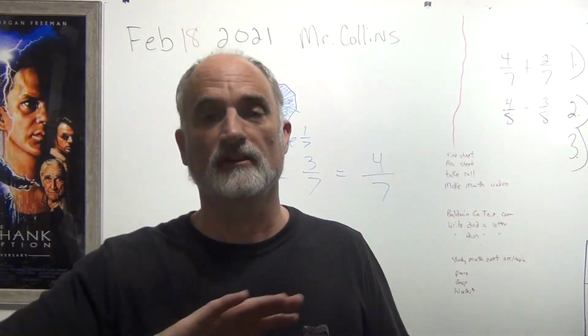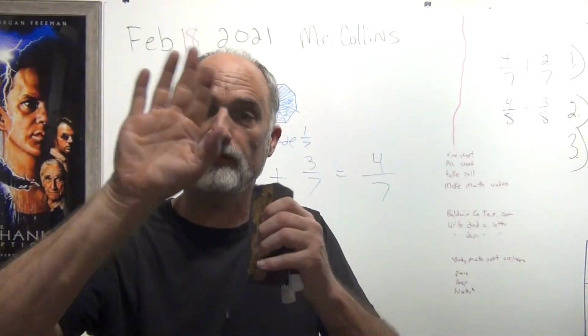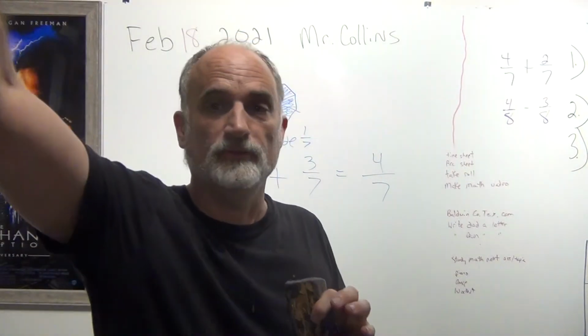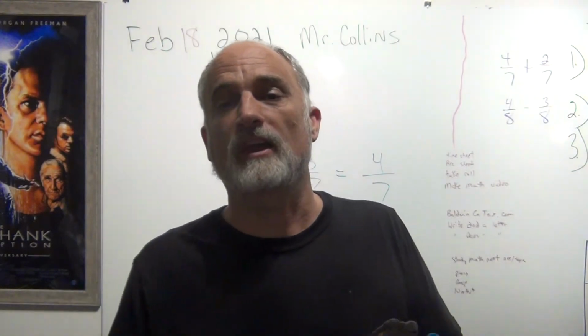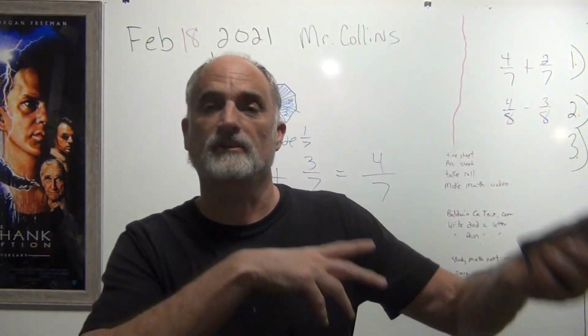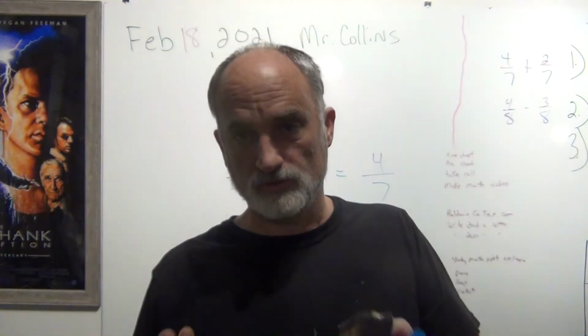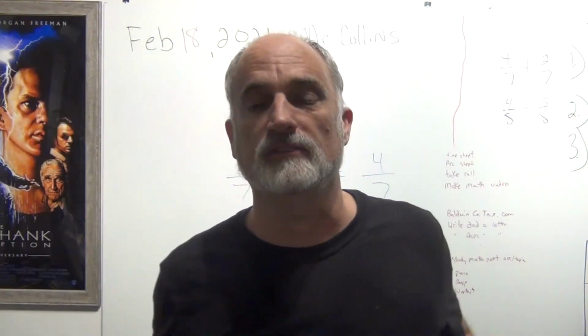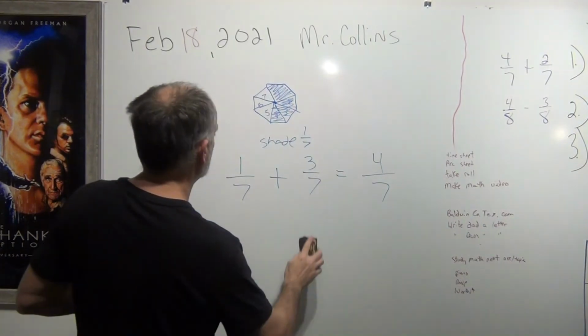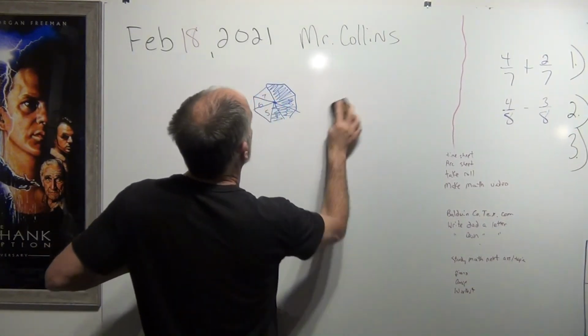Improper fractions cross over the whole number 1 threshold to infinity. And then the mixed fraction is when we take an improper fraction and we change it to where it has a whole number and some kind of proper fraction, okay? So, that is the review.